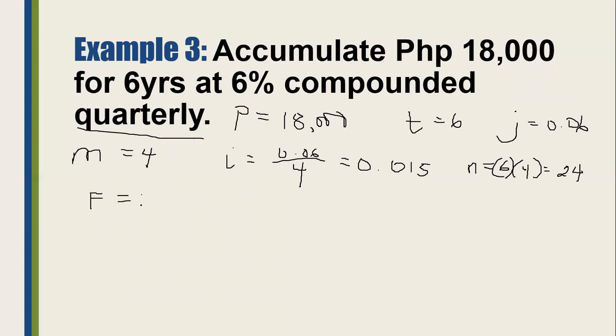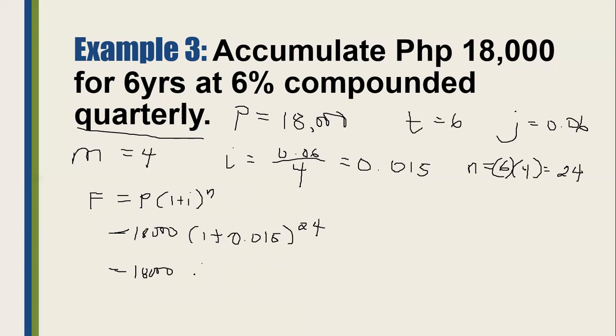Formula: F is equals to P multiplied to quantity 1 plus I raised to N. Substitute po natin. P is 18,000, and our I is 0.015, quantity raised to N, our N is 24. 18,000 times 1 plus 0.015, so we have 1.015 raised to 24.